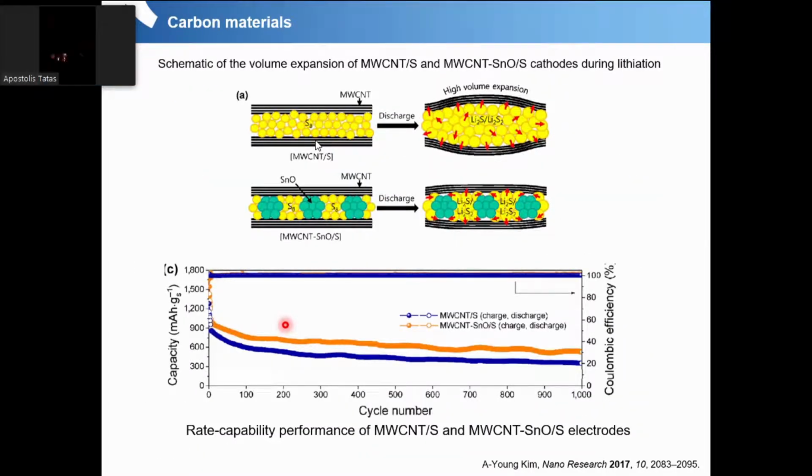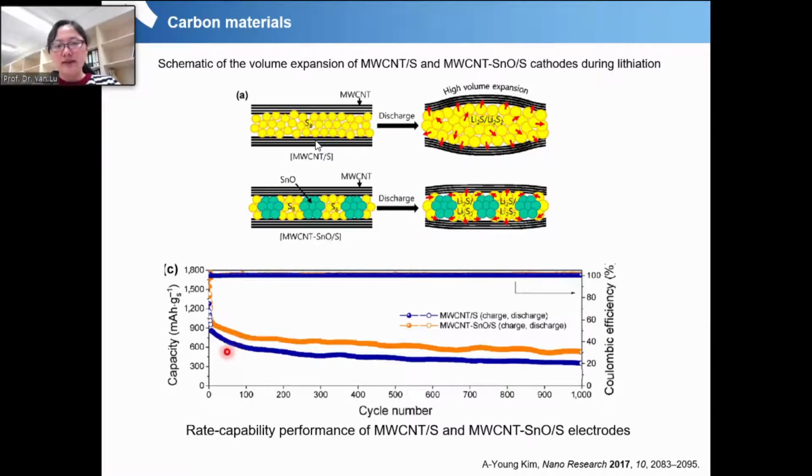Then they do the electrochemical performance, and here I also show you the cycling stability test. You see the blue curve here is the carbon nanotube with sulfur without tin oxide, and then the orange curve here is with the tin oxide.